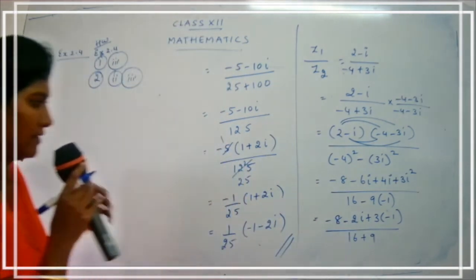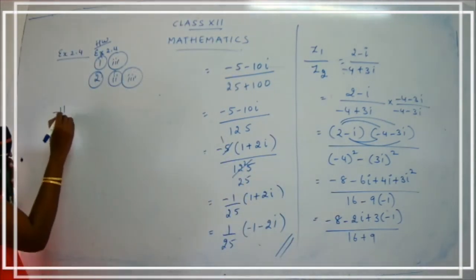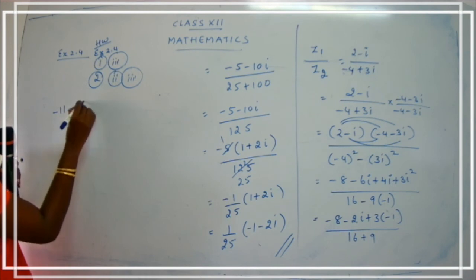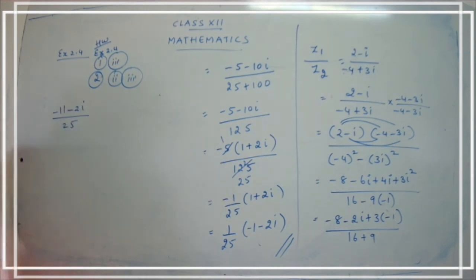So you get minus 11 minus 2i upon 25. What is the answer, children? Minus 11 minus 2i upon 25 is the answer.